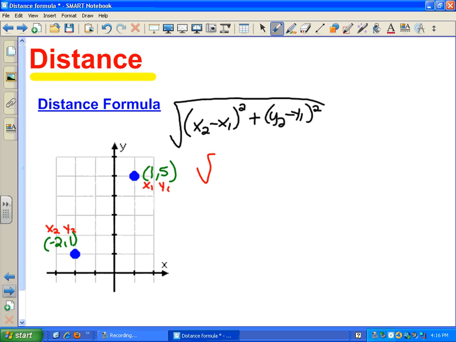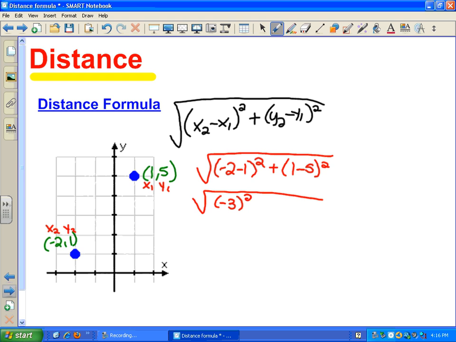So it's going to be the square root of -2 minus 1 squared plus, y2 is 1, subtract 5 and square it. So I end up with the square root of -2 minus 1 is -3 squared plus 1 minus 5 is -4 squared.